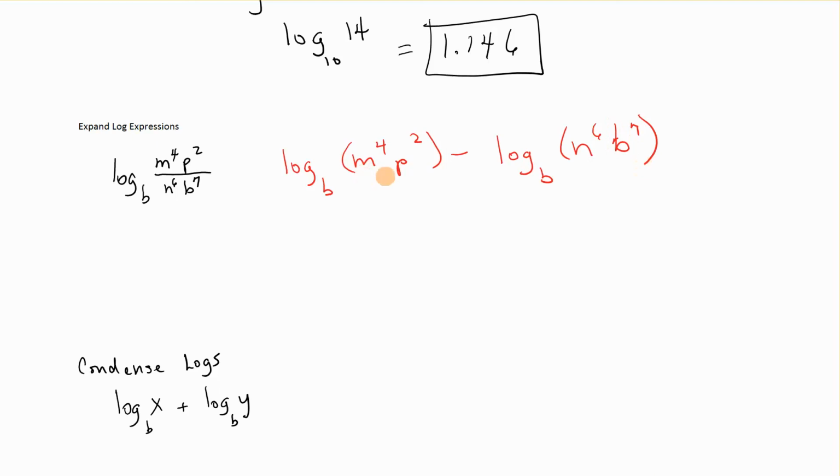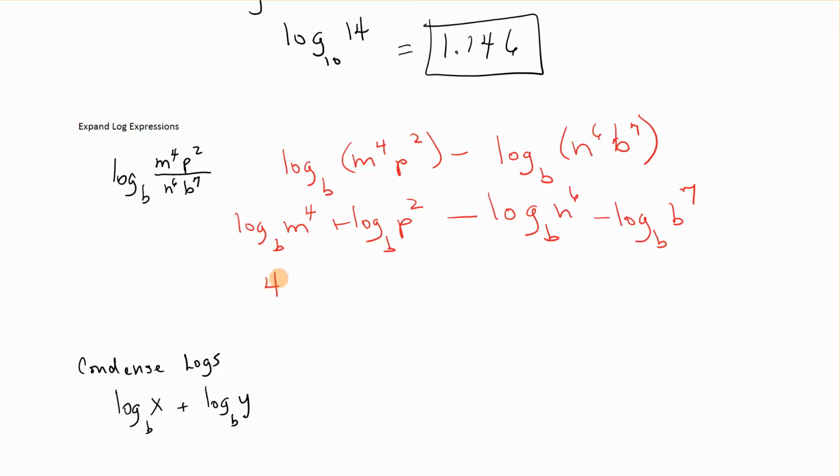Then we recognize this is a product and this is a product, and products can be expanded to addition. So we would have log base b of m to the 4th plus log base b of p squared minus log base b of n to the 6th. That's a minus log base b of b to the 7th. We also have a rule that says the powers all come to the front.